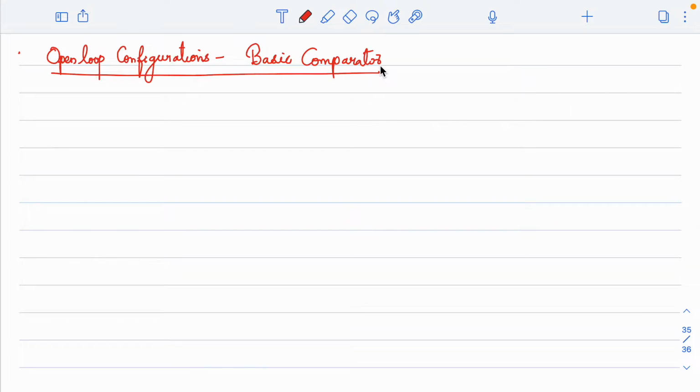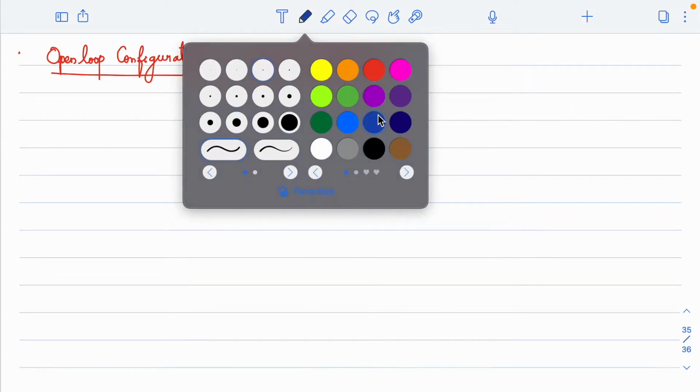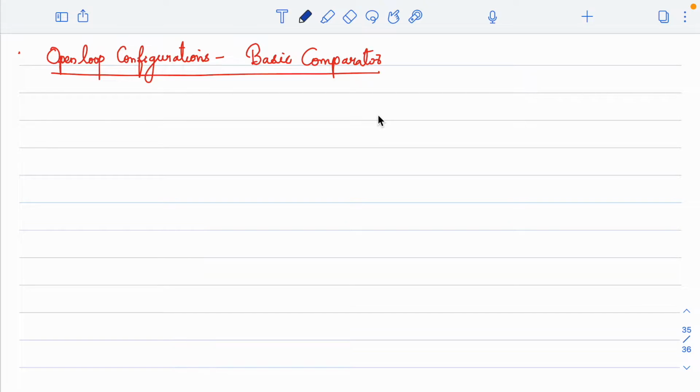So when we talk about a comparator, as the name suggests, it basically compares a voltage on one of the inputs of an op-amp with another voltage on the other input of the op-amp. So far we know that we generally mark an op-amp with plus and minus input terminals, right, with power supply given to it.